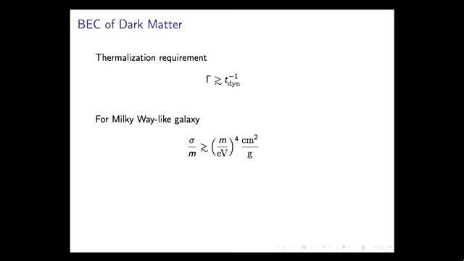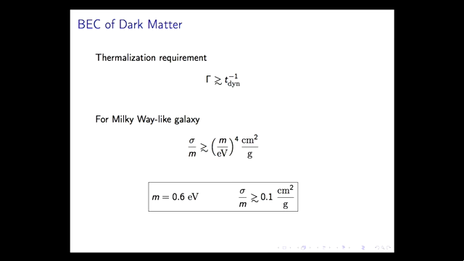So this, for a Milky Way-like galaxy, gives a lower bound on the cross-section, depending on mass. We usually write it as sigma over m should be bigger than this quantity. For the fiducial value that I'll be using throughout, we'll assume m to be of order 0.6 eV. Then sigma over m is bounded from below by 0.1 centimeter squared per gram.